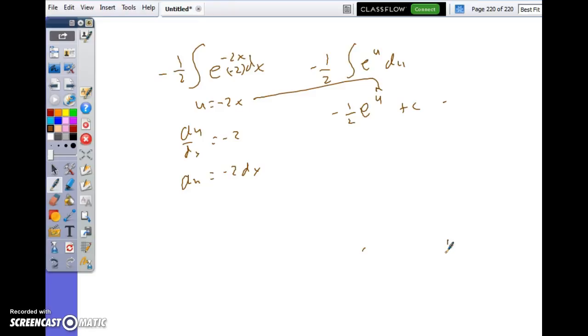That's a trick. So if you want to circle that and say that's a trick that occasionally comes up, it's another one of those things I don't see very often on the AP test. You should be aware of it, but it's a trick.